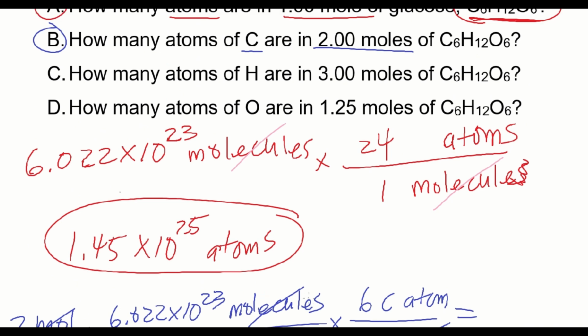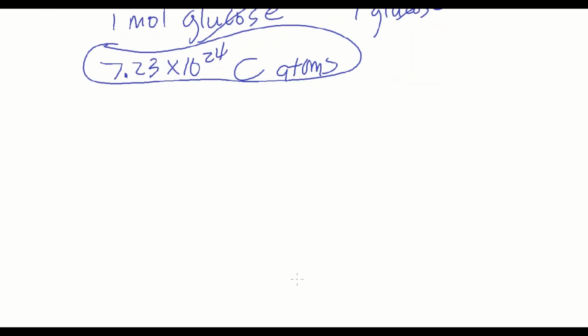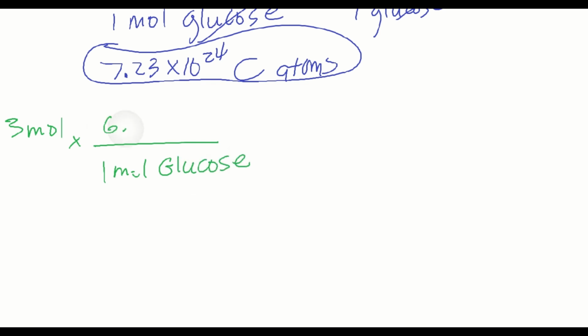All right, part C, we're asked how many hydrogen atoms are in 3 moles. So we've got 3 moles of glucose, and in every 1 mole of glucose, we have 6.022 times 10 to the 23rd molecules.